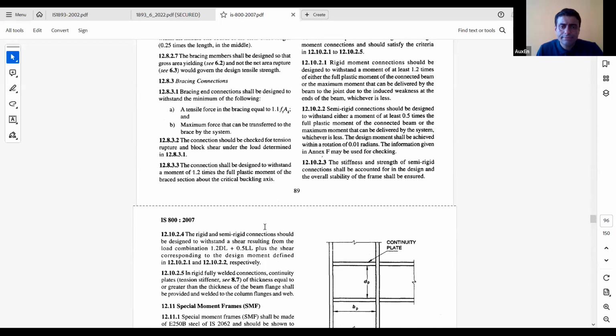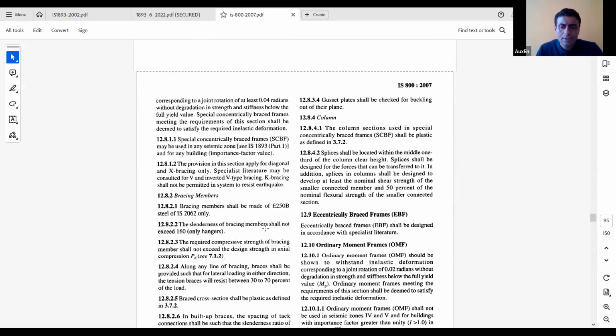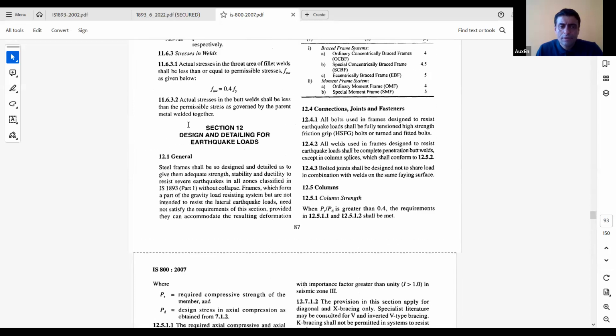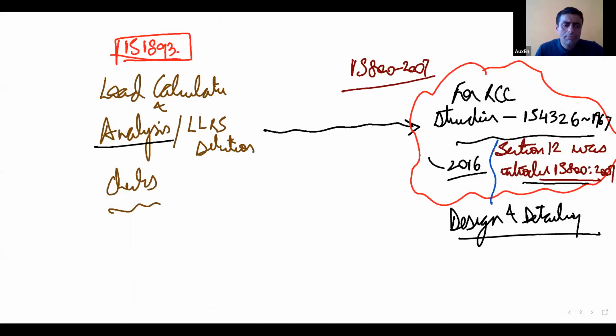Can you see this PDF? Design and detailing for earthquake loads. Clear? This happened in section 12, and it took the recommendations mainly from AISC 341.